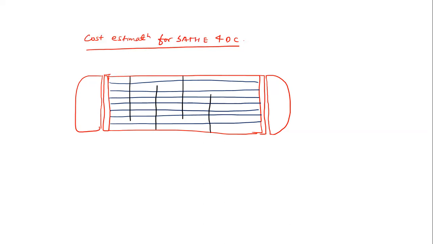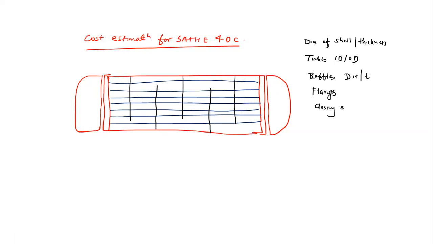You have the whole dimension of it. So what we have: diameter of shell with thickness, tubes, ID, OD, baffles, diameter and thickness, flanges, and closing ends.